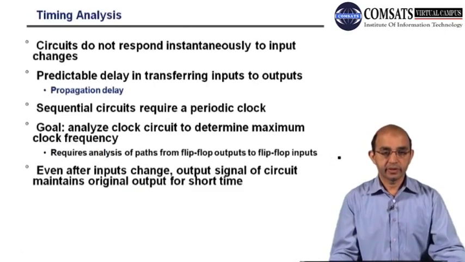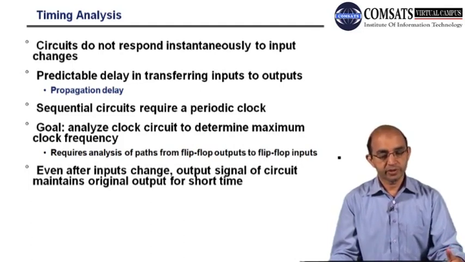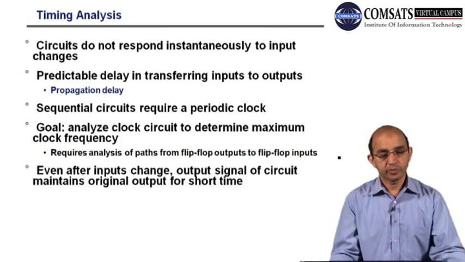And then we talked about timing analysis, because whenever we apply the input, it is not available at the output instantaneously. We have to wait. This waiting time is normally called the propagation time, so whenever the input is propagated to the output, we call it the propagation delay.